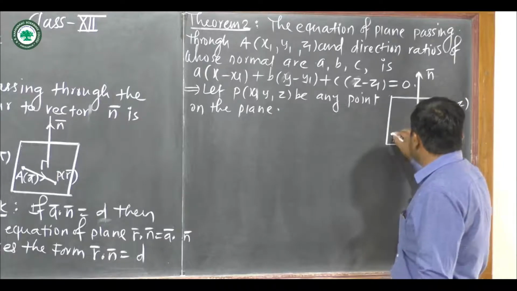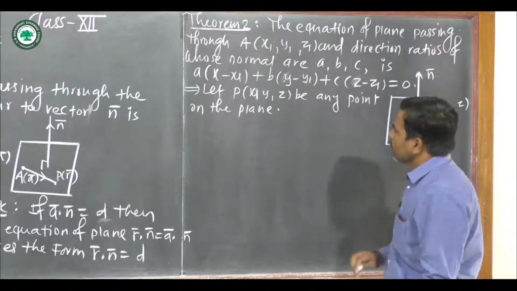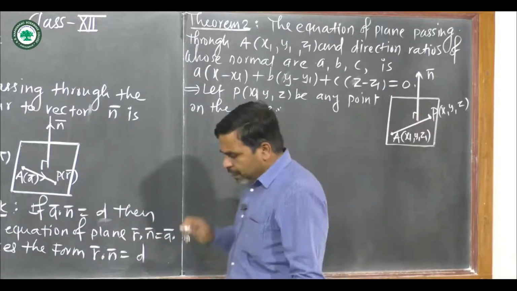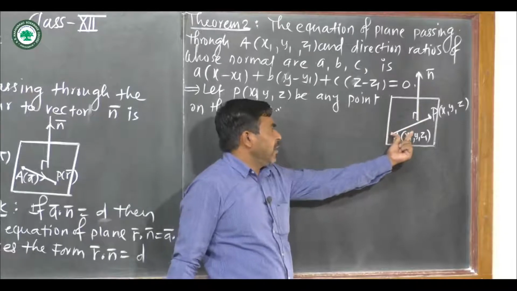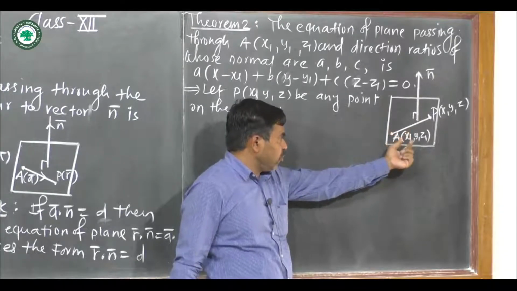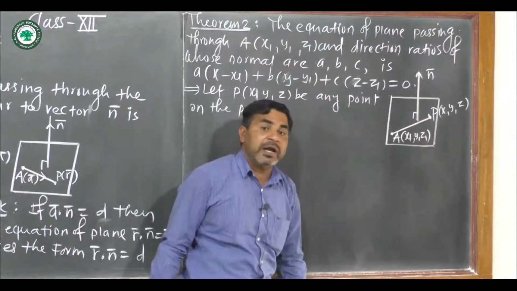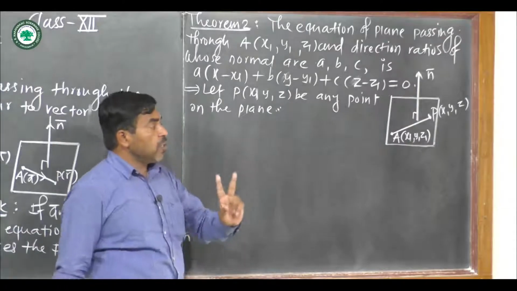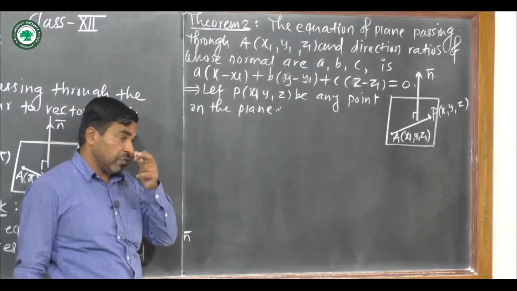If we join AP, then that segment AP lies in the plane, and passes through 2 points, A(x1, y1, z1) and P(x, y, z), and we know that if we have any 2 points on a line, then we can find the direction ratios of that line.